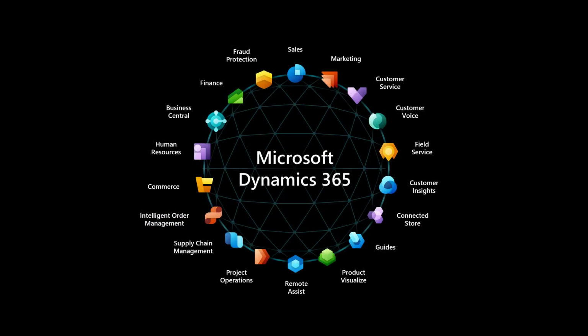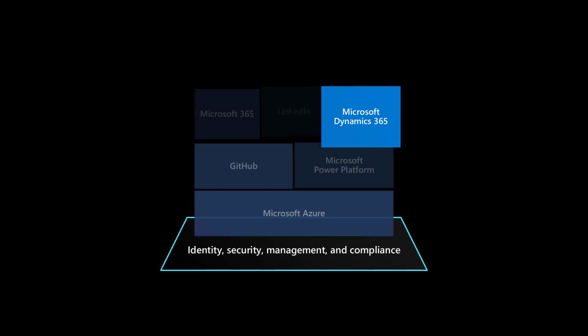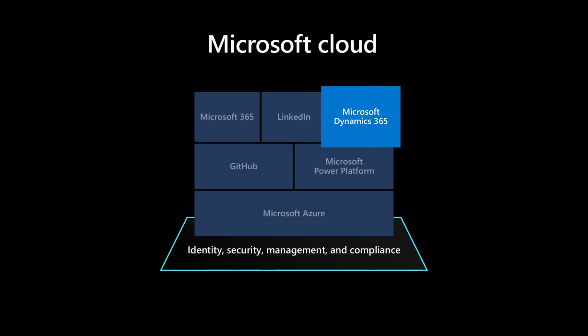So we introduced Intelligent Order Management as a solution within the family of Dynamics applications. It can work with those applications or with other applications that customers already have. The application is built on the Microsoft Power Platform, specifically Microsoft Power Automate, and this is a key capability that we use with the orchestration process and the integration capabilities underlying in the platform.